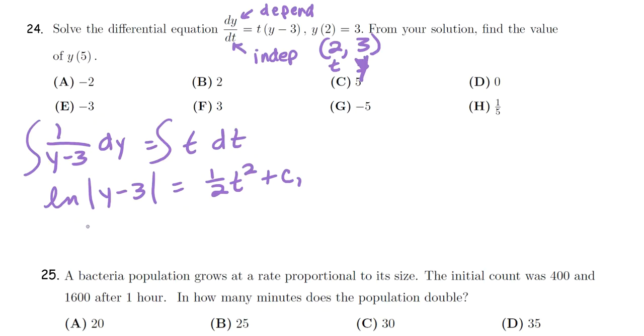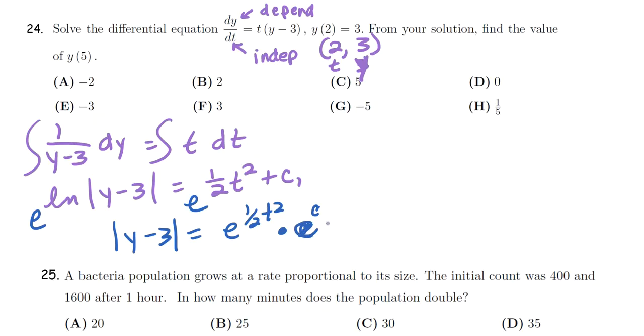So we would have the natural log. Oh, I guess I am going to have a problem here. I should simplify this first and do our exponentiating first. So like I did last time. So here we would have e to the 1/2 t squared multiplied by e to the c1.